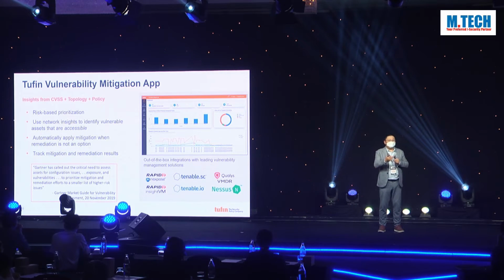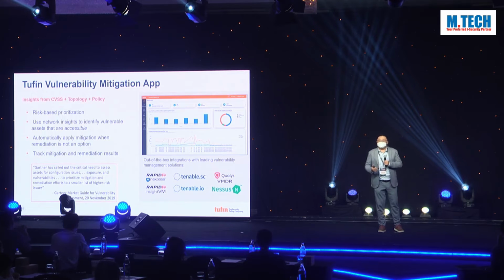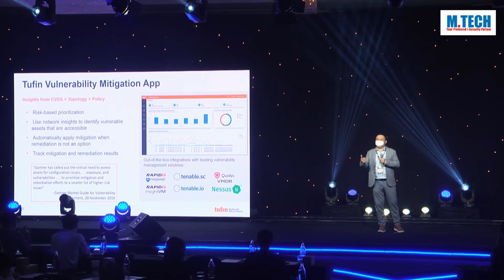For example, should I patch the server immediately? If I can't patch the server now, should I go to the firewall and turn off access to these specific IP addresses? If I need to turn off the access to these specific IP addresses, which are the rules? Tufin is going to run that information and show the administrator these are the rules, and these are the firewalls that have this rule in the network environment.